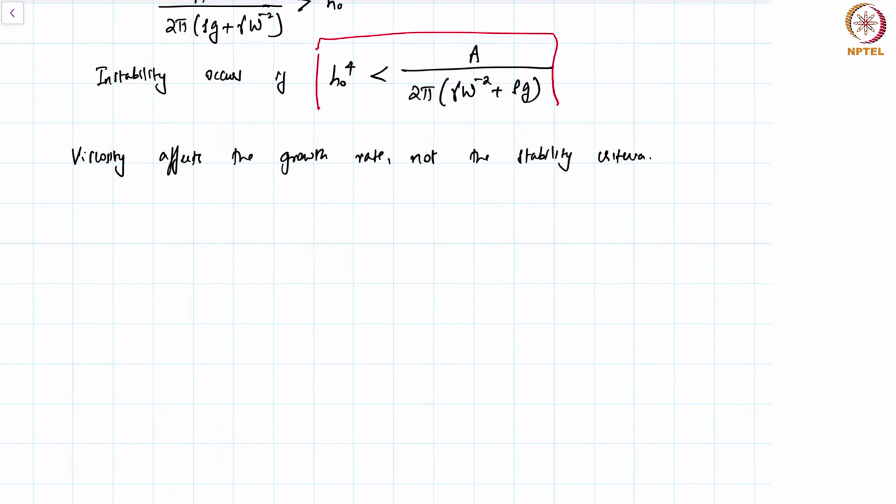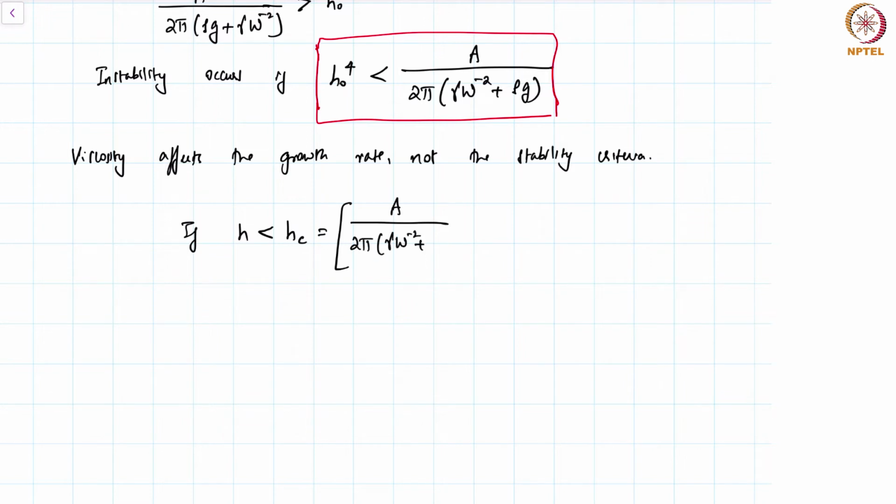Let's understand what this means. It means that if we have a thin film which is thinner than a certain value, and what is that value? If H is less than H critical, and this H critical is nothing but A by 2 pi into gamma W power minus 2 plus rho g, to the power of one quarter, then the thin film becomes unstable.